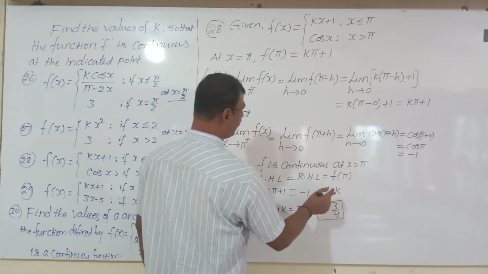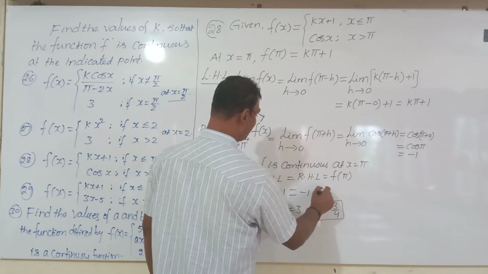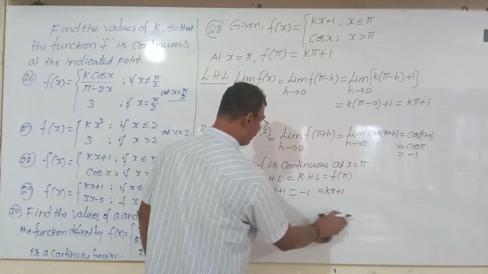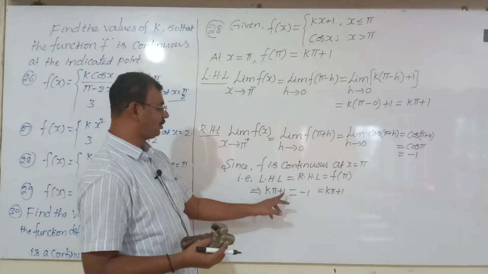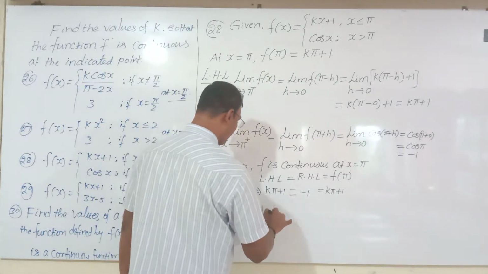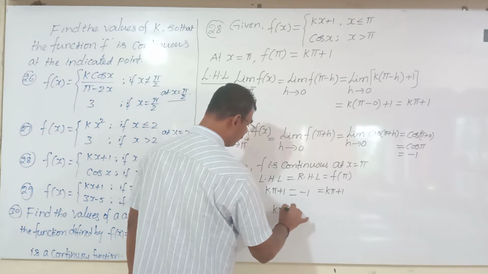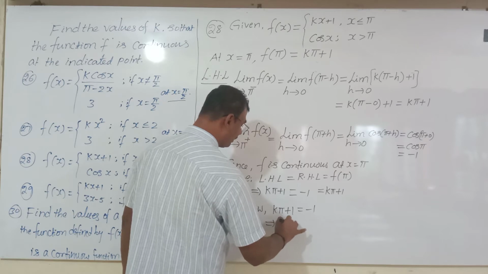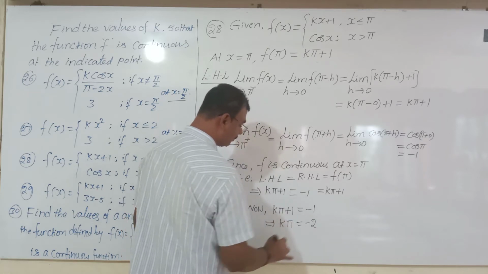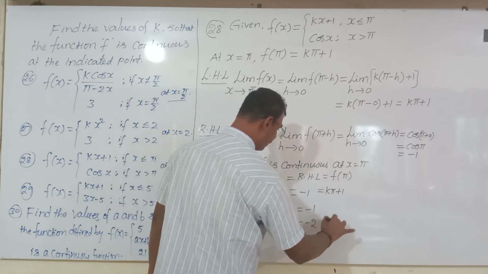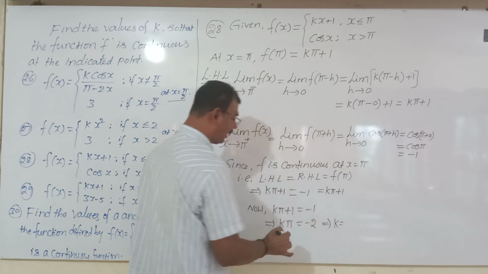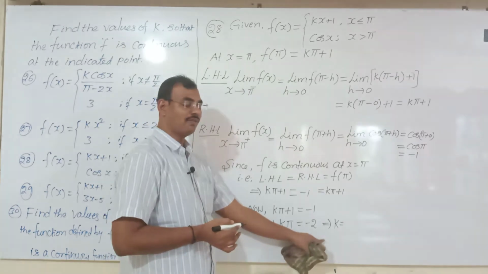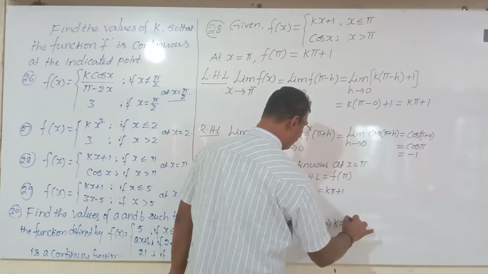Again f of pi is k pi plus 1. Now equate any two terms. Among the three you should equate two terms. K pi plus 1 is equal to minus 1. K into pi is equal to minus 2. We need to find the k value. So k is equal to, pi going to this side as division, minus 2 upon pi.